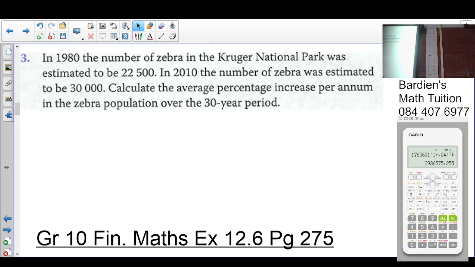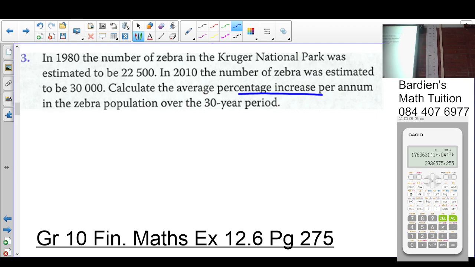In 2010, how many years later is that? 30 years. The number of zebra was estimated at 30,000. Calculate the average percentage increase per annum in the zebra population over the 30-year period.